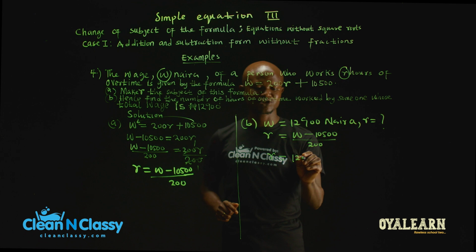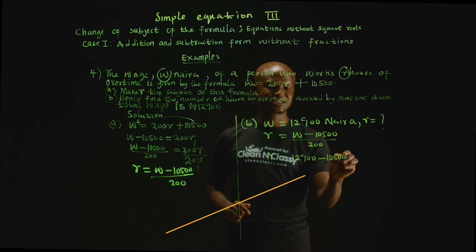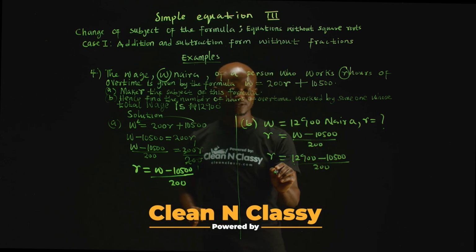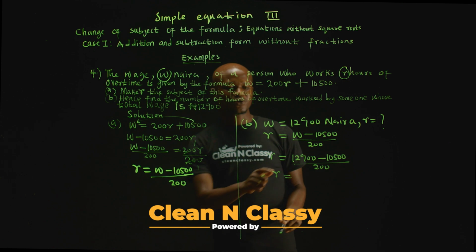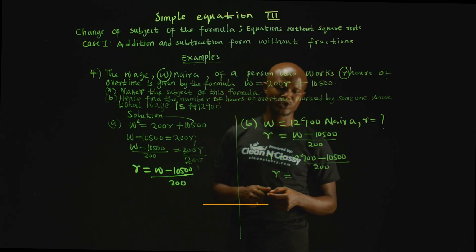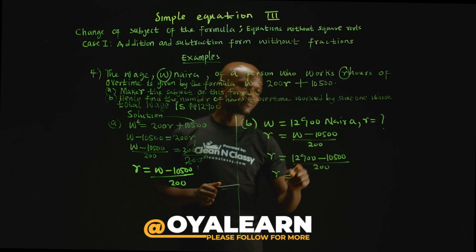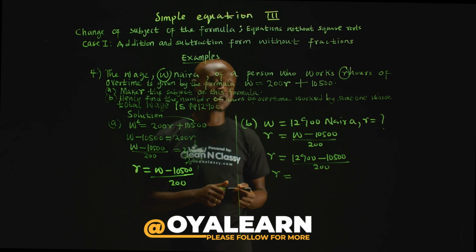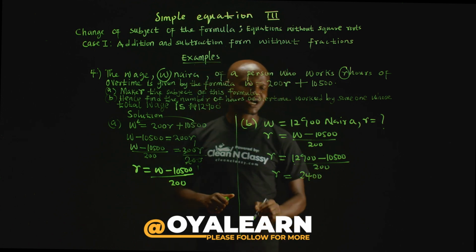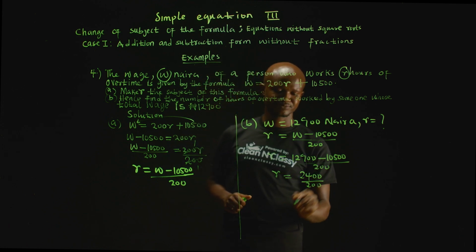So we have 12,900 minus 10,500 divided by 200. Now, 12,900 minus 10,500, what does this give us? 12,000 minus 10,000 normally will give us 2,000. So this will give us 2,400. Then we have 2,400 divided by 200.